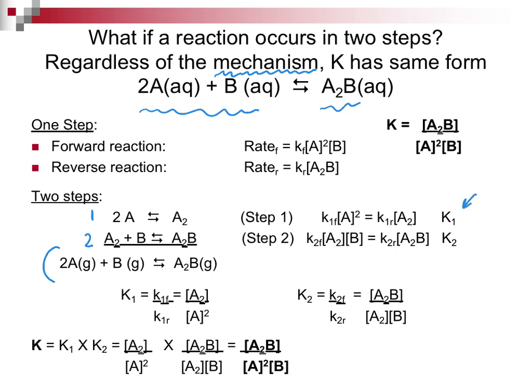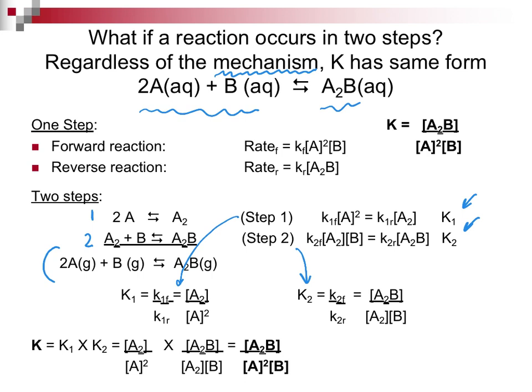And what I did here, to prepare ahead of time, is to write down all the different expressions and equilibrate them. So if we're looking at K1, which would be referring to step one, we could write this equation. If we're referring to K2, we would be referring to step two.